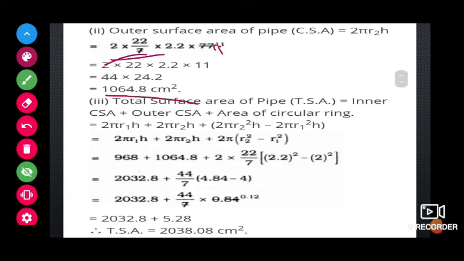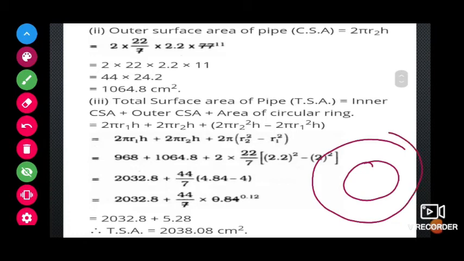Total surface area is the inner plus outer curved surface area plus the area of the circular rings. There will be 2 rings. Now see here. There is no top, but we have only this place, inner to outer, how much area it covers. Only that place we have to consider.